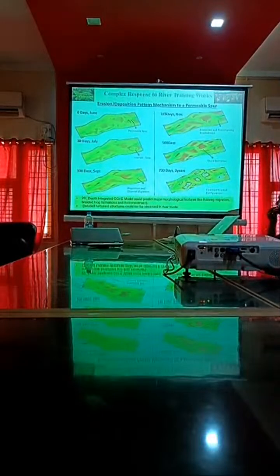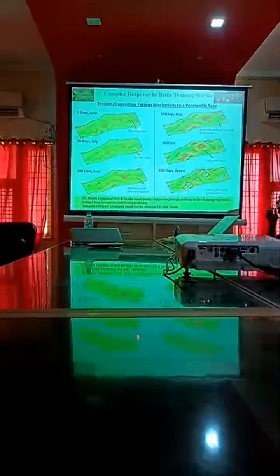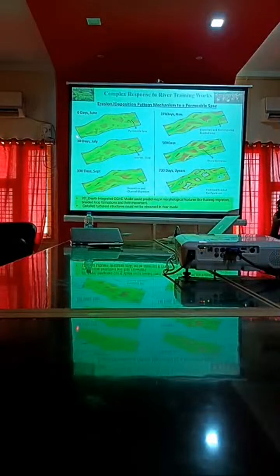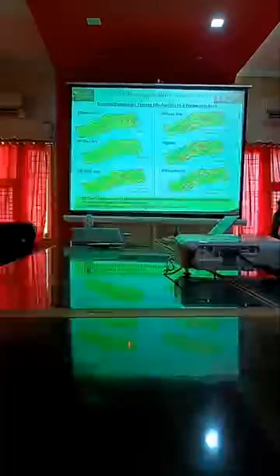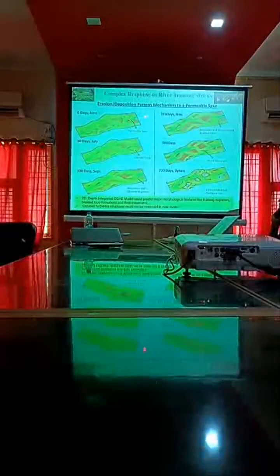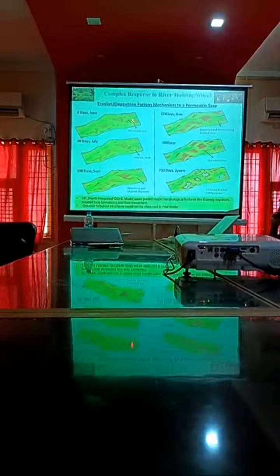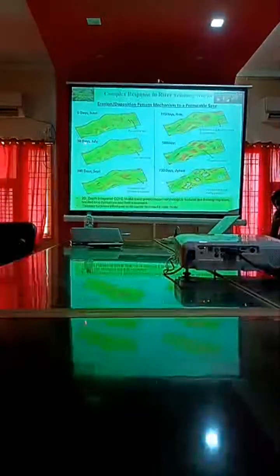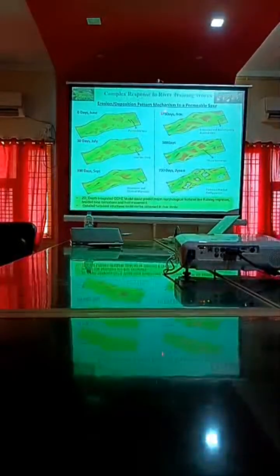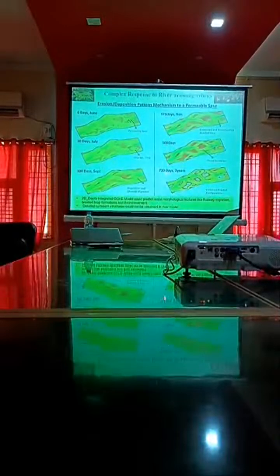So I analyze it in the model. I have placed the structure inside the model. This is the bathymetry that I collected using the echo sounder, and I made a contour map. I place the structure inside the river and give the discharge hydrograph to the river, and I see the response of the structure after 30 days, 100 days, 175 days, 500 days, 730 days.